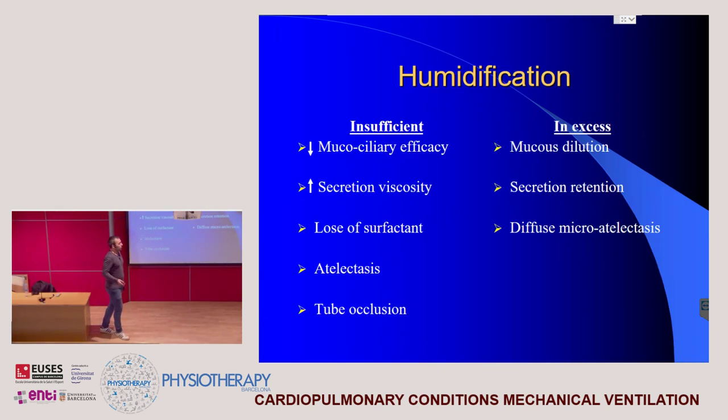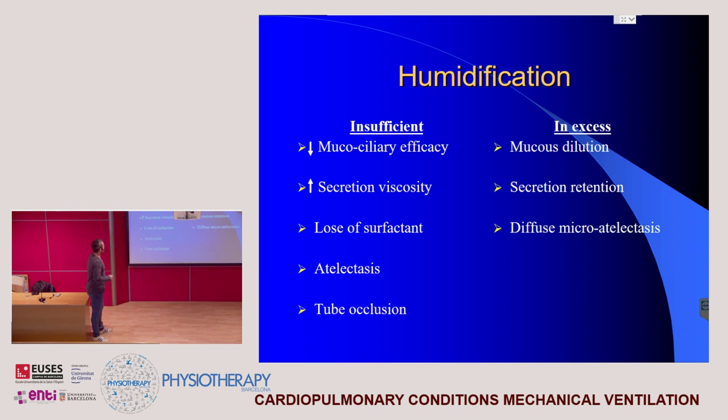And why is humidification so important? The first, or probably the most important thing regarding humidification, is when it is not sufficient, because we have seen that the efficacy of mucociliary clearance gets worse. If the mucus is too viscous, the cilia have more difficulty removing the airway secretion towards the mouth.